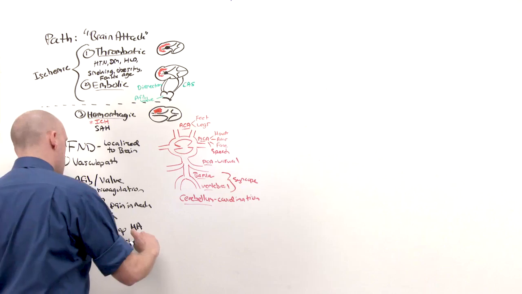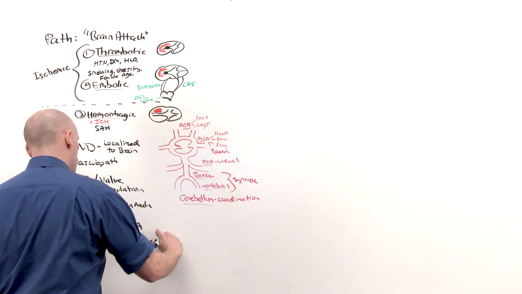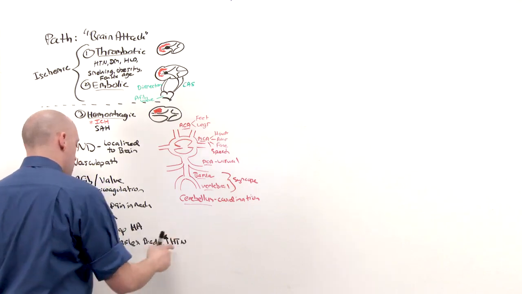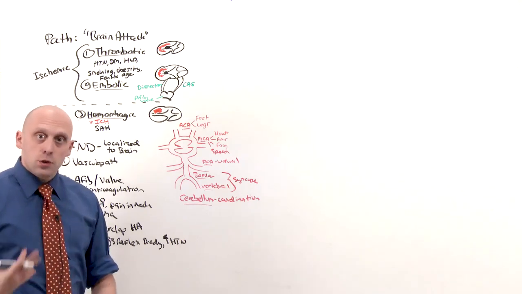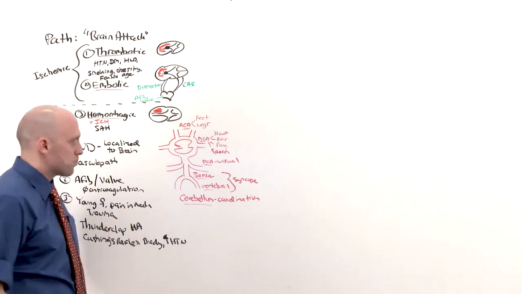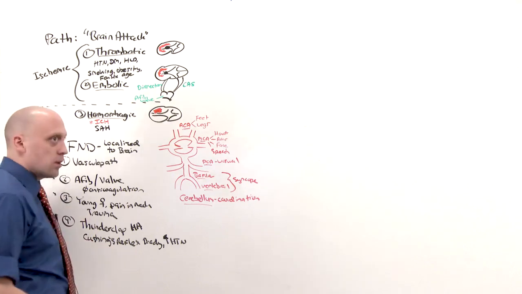That is going to be a bradycardia while there's an elevated blood pressure. And watch out, because here comes the herniation. Obtundation could also be a presentation of a stroke. Let's stay focused on the ischemic strokes.